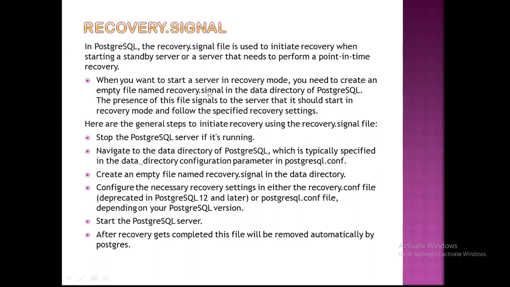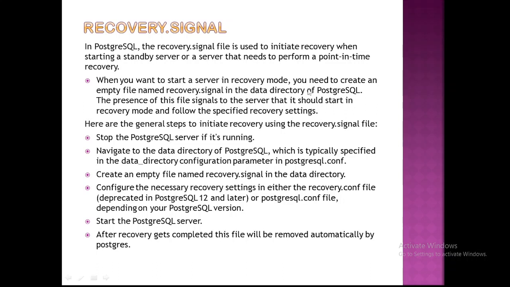Okay, so when you start a server in recovery mode, you first need to create an empty file named recovery.signal in the data directory. Okay, and then the presence of this file signals to the server that it should start in recovery mode.